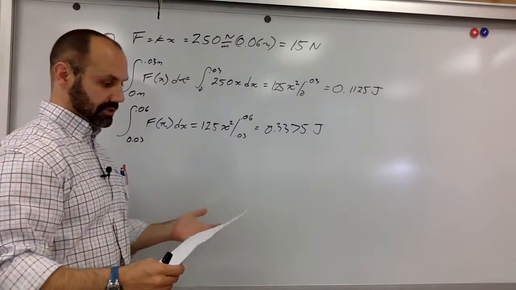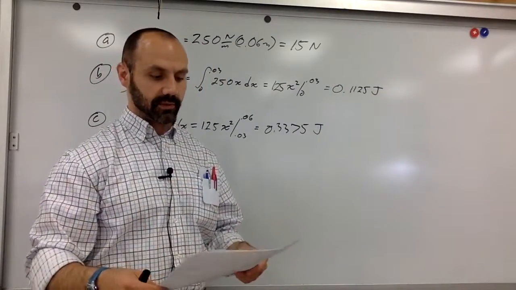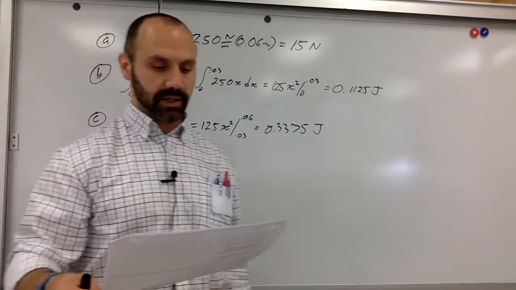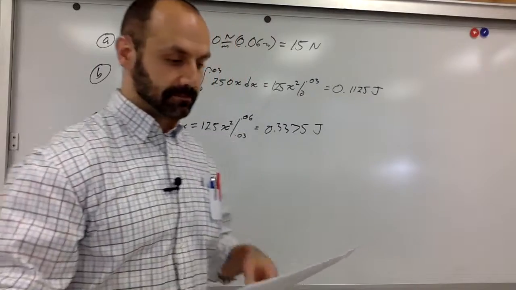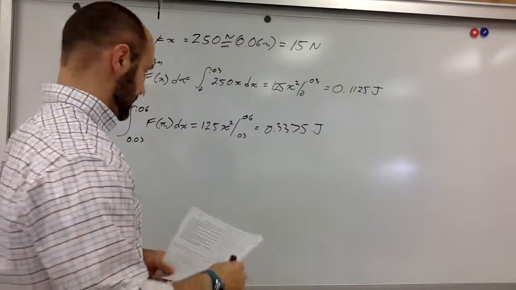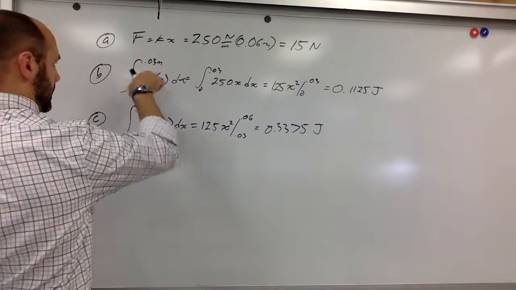Now the applied force is removed, and the spring now oscillates about the equilibrium position with an amplitude of 0.06 meters. D, how much work did the spring do to return the oscillator to the equilibrium position? All right, work done by the spring. So now we're looking at negative kx, right? Or the negative of this.